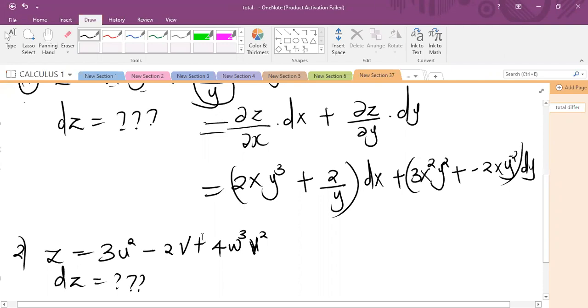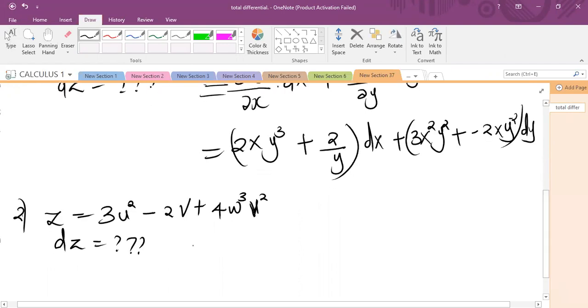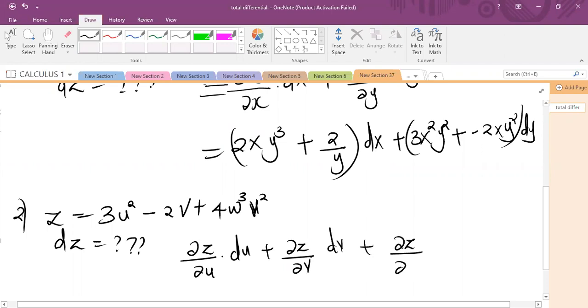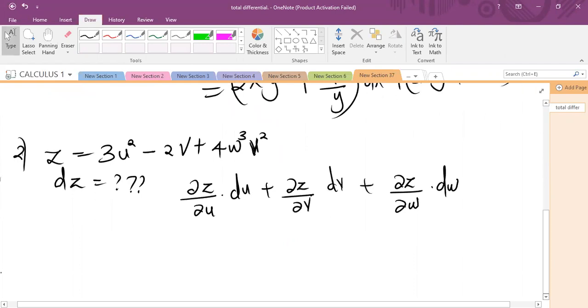So the total differential of z will be the sum of their partials. So we will have the partial derivative of z with respect to u multiplied with a straight du, the partial derivative of z with respect to v multiplied with a straight dv, plus the partial derivative of z with respect to w multiplied with a straight dw. Okay, so let's go on into evaluating the partial derivatives.